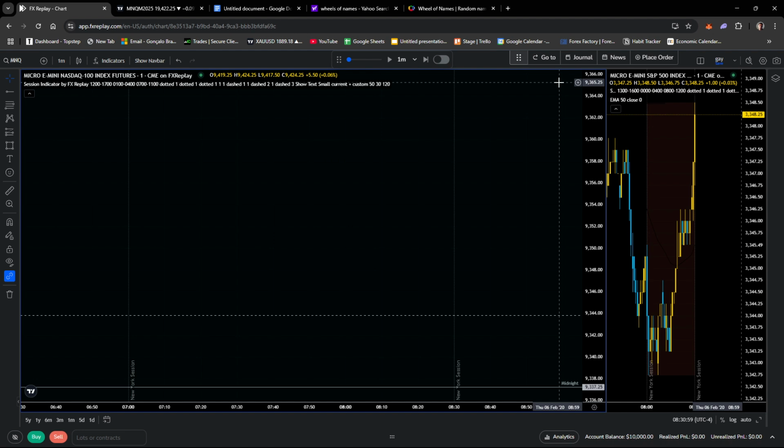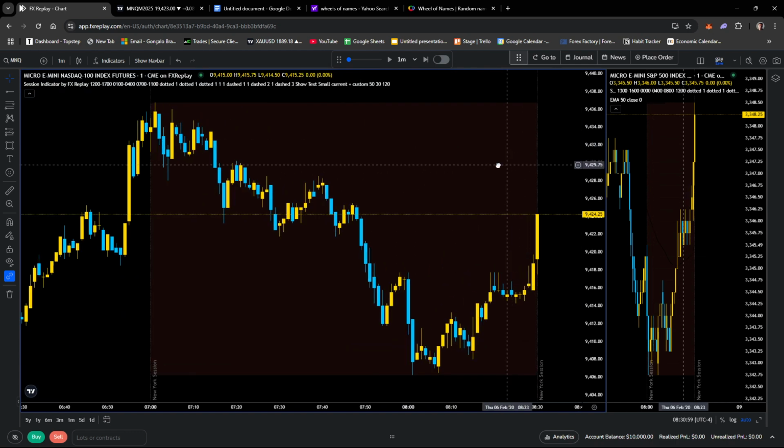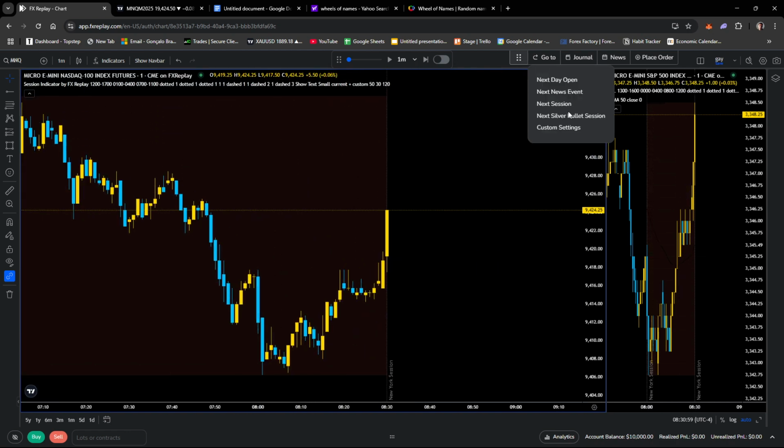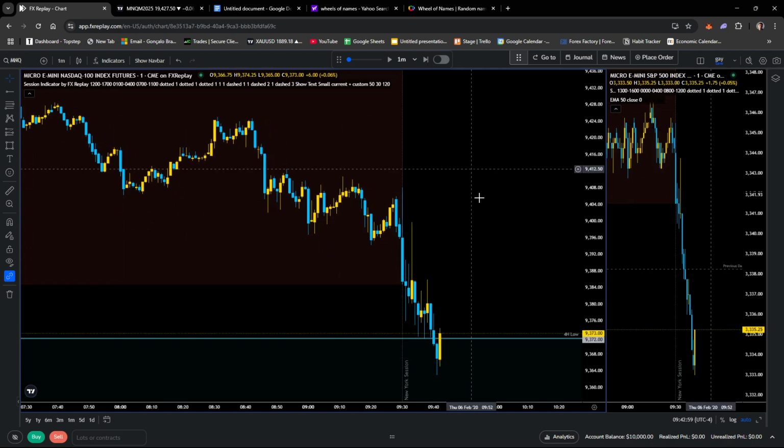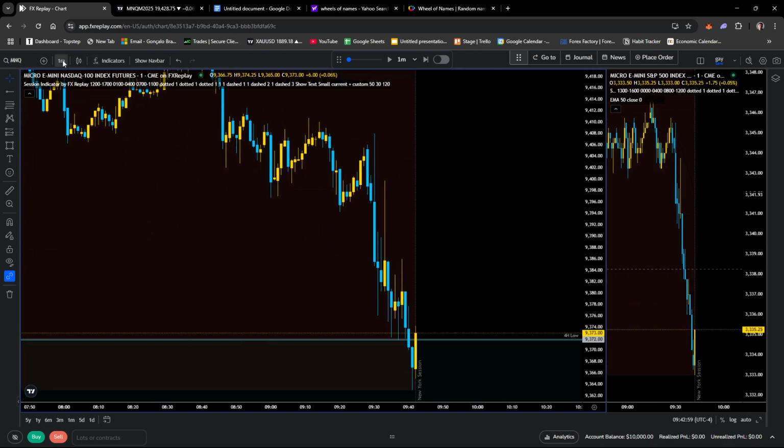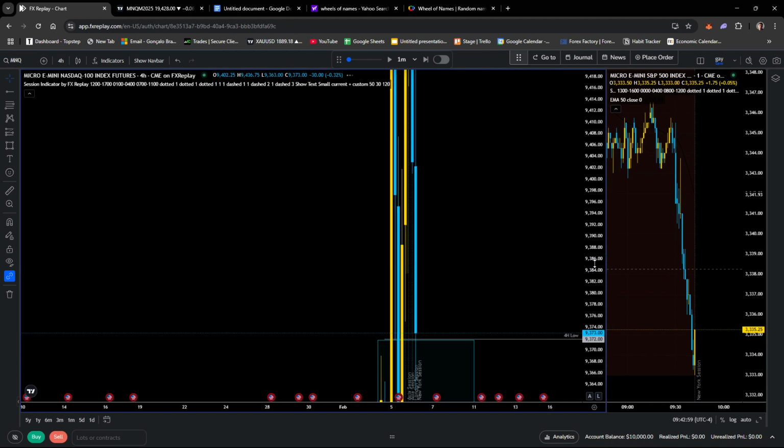Okay. It looks like we're inside this bullish gap. We've also swept the low.